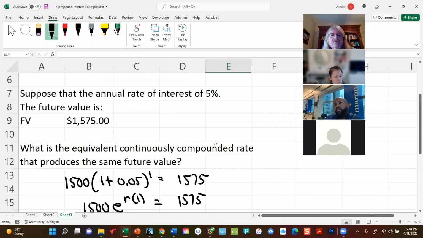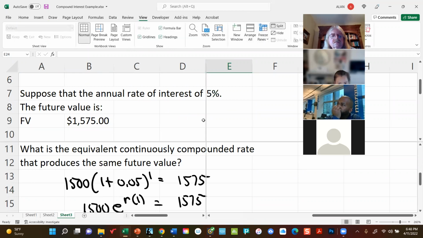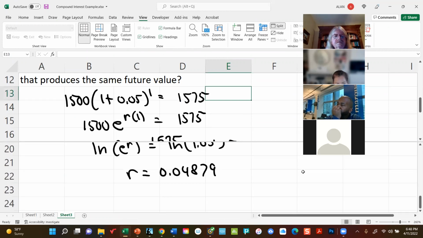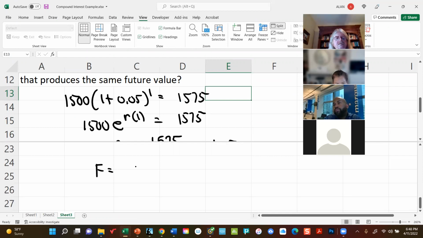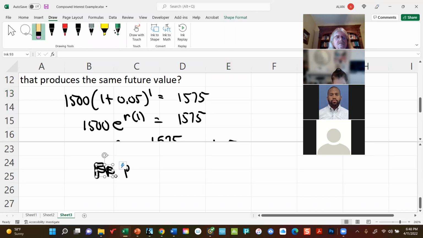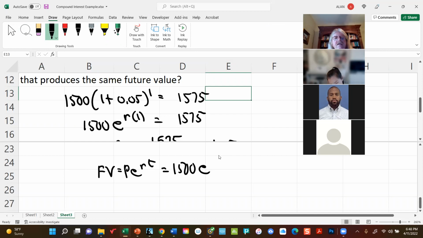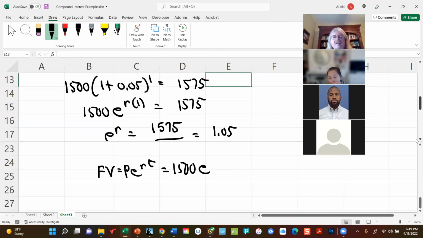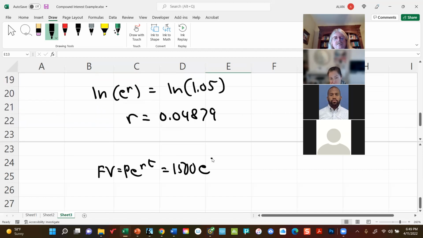So now the future value, and let me just split the screen again, becomes 1,500 e, and then using this continuously compounded rate, if you plug that into your calculator, you'll see that it ends up being the same thing.